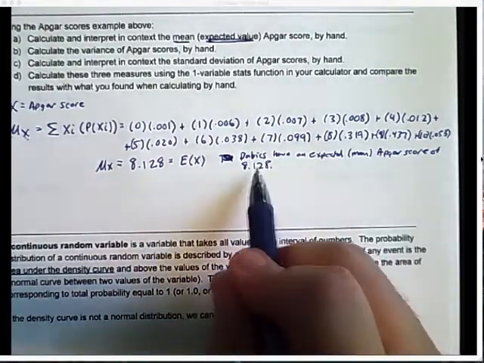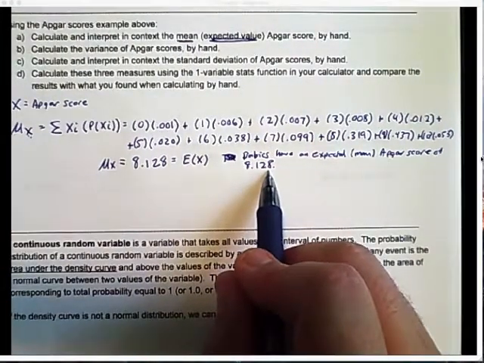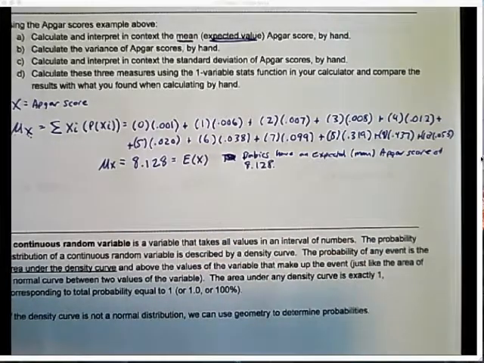And it's okay that this is a decimal, because averages can be decimal. So for example, on one test, if you make a 74, and on the next test you make a 75, your average is 74.5. Even though you can't make 74.5 on a test, you can get an average of 74.5. Right. So that's how we do that by hand.